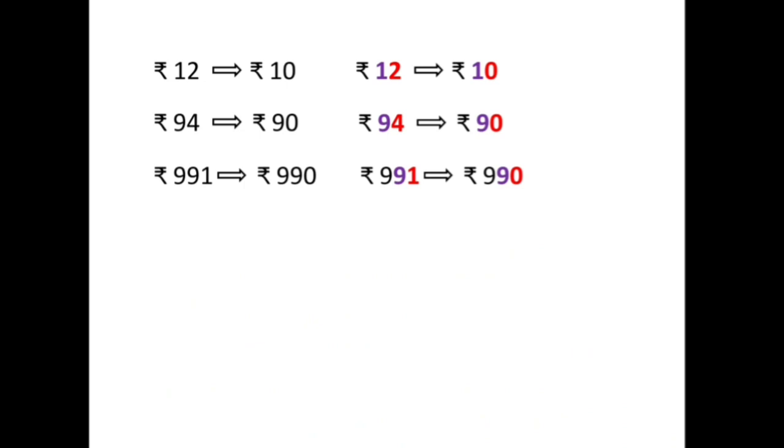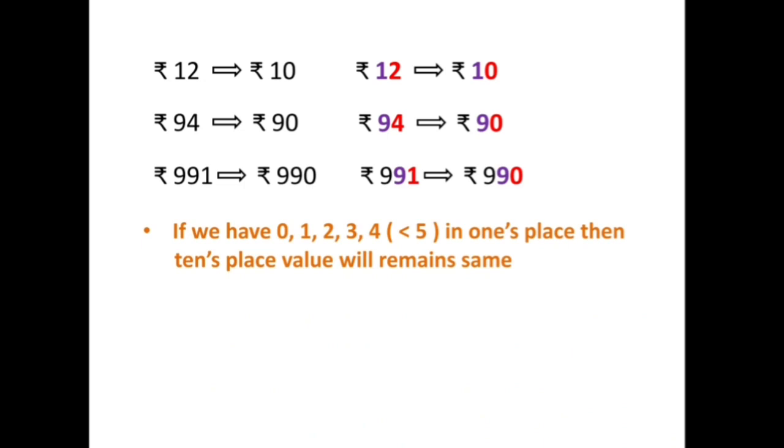If we see these ones places, what we can say is these numbers are less than 5. If we have 0, 1, 2, 3, 4, which means the numbers less than 5 in the ones place, then the tens place will be the same, but the ones place will become 0.